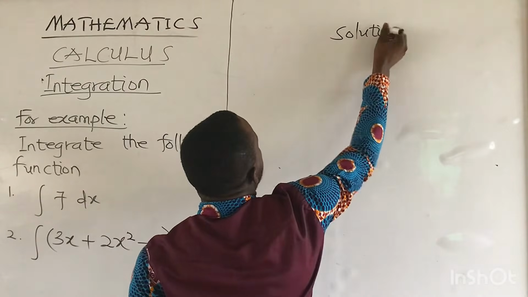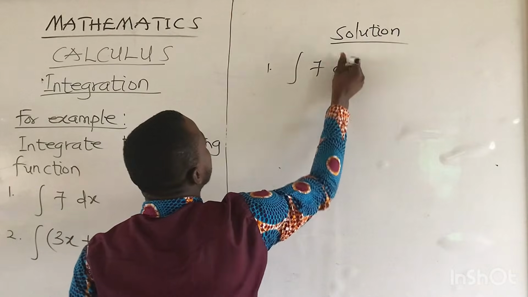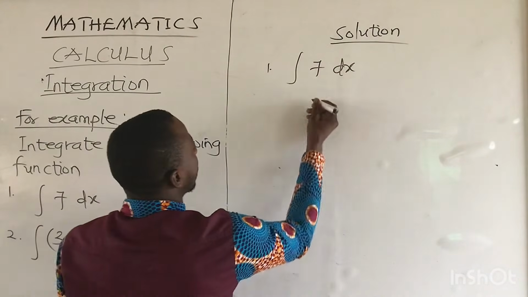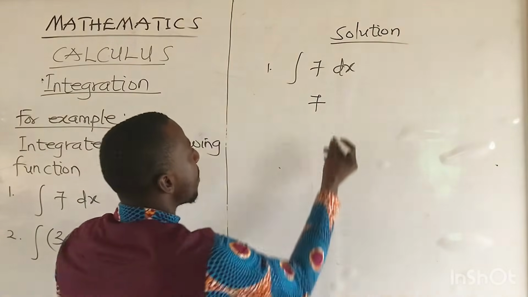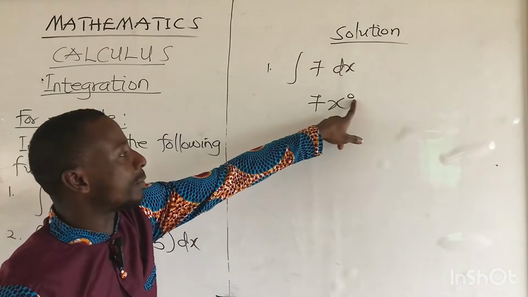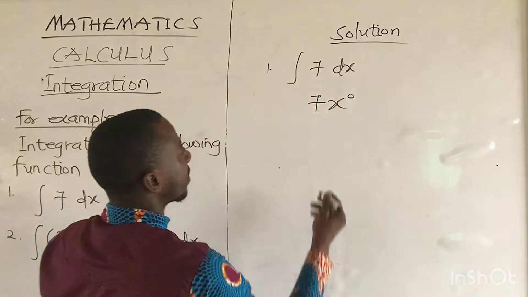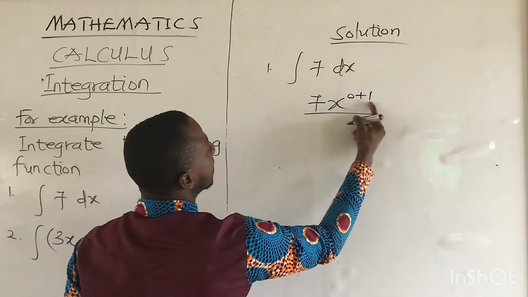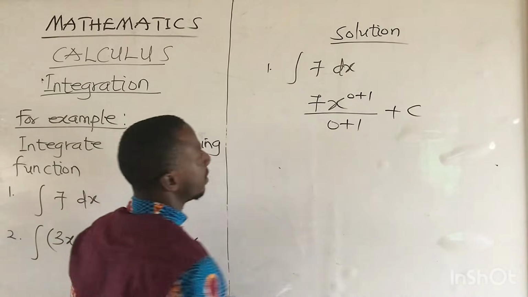Solution. Number 1, the integral of 7 dx. So from here, the 7 is a constant. It has no coefficient of x, but it's the same as 7x exponent 0, because x power 0 is 1. So when we have this, we add 1 to this, all over the same thing here, which is 0 plus 1 plus c.